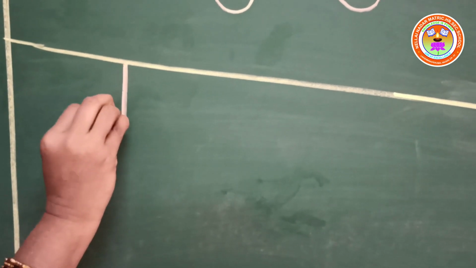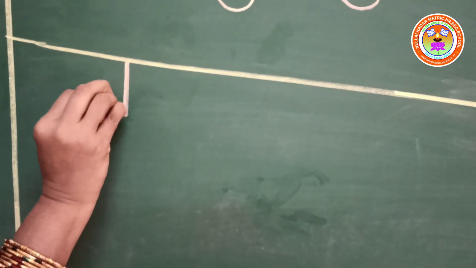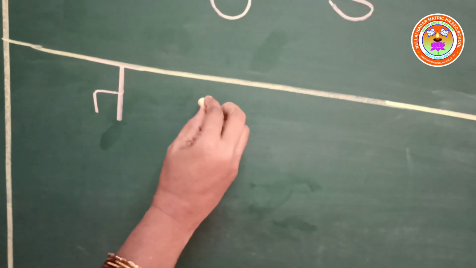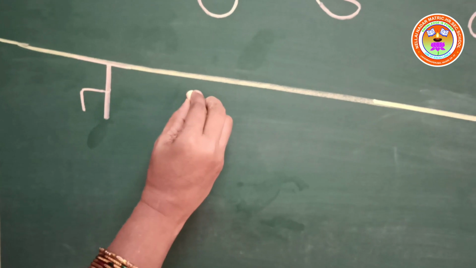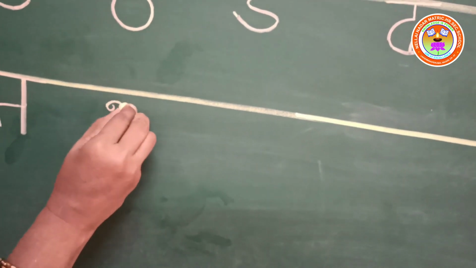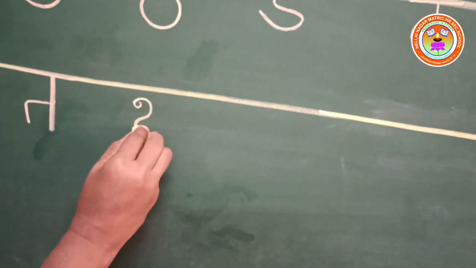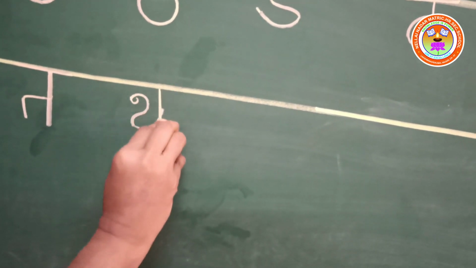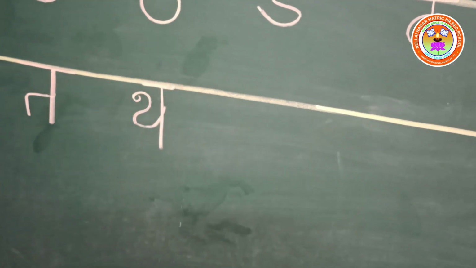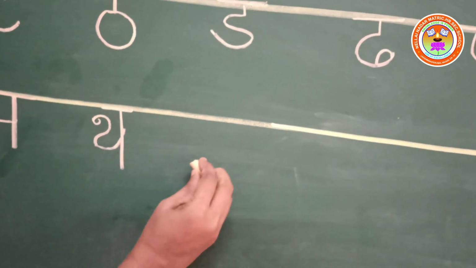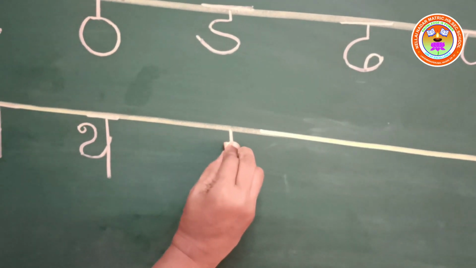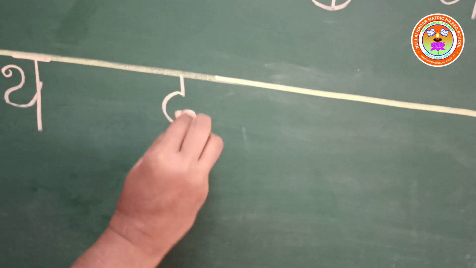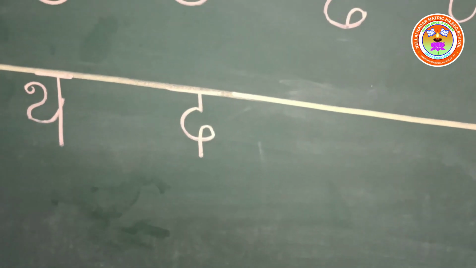Children, draw a straight line, draw a small line and a sleeping line on top of it. Th. The next alphabet will be th. Draw a small circle. Take it to the right side. Go up, come down, and a sleeping line on top of it. Th. Draw a small line. Bring it down, like a hook, and a sleeping line on top of it. Th.